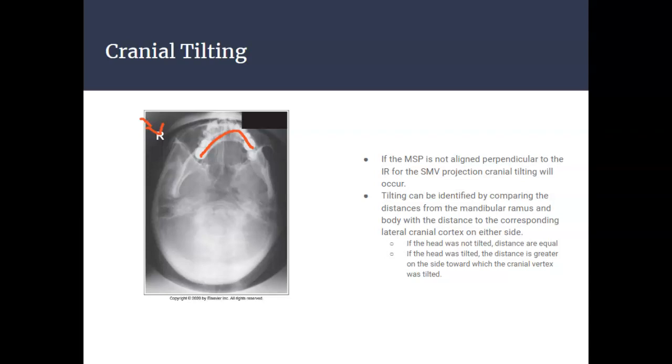So we have some underextension of the neck here. In order to correct this, bring that mid-sagittal plane perpendicular with the IR and bring that IOML parallel with the IR to ensure a proper image is obtained.